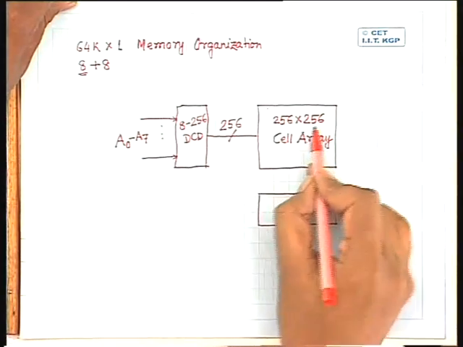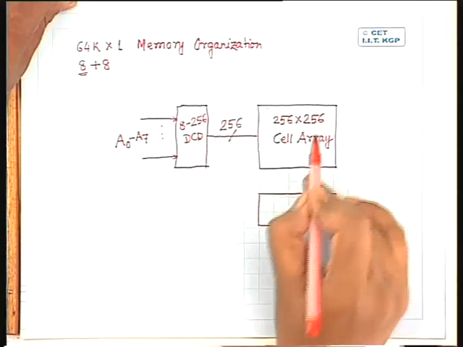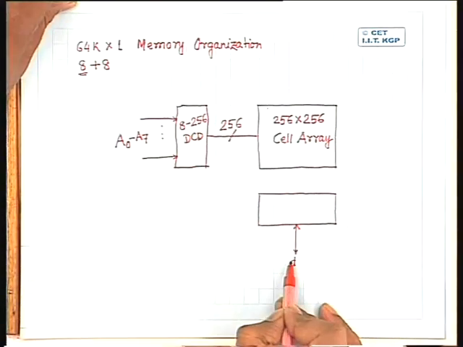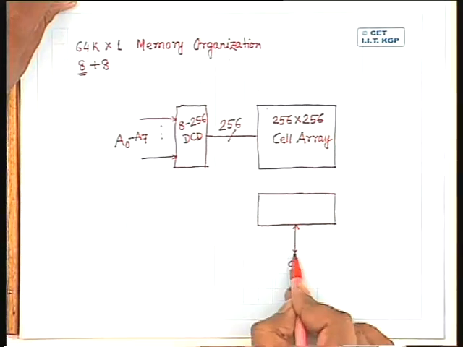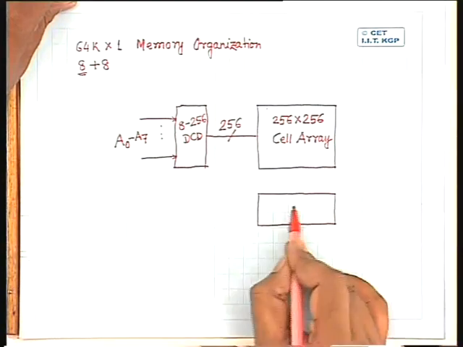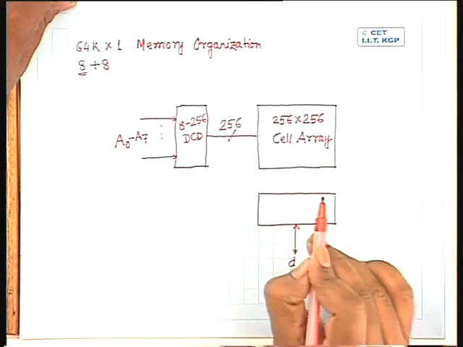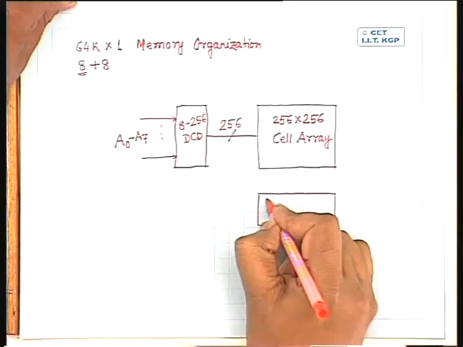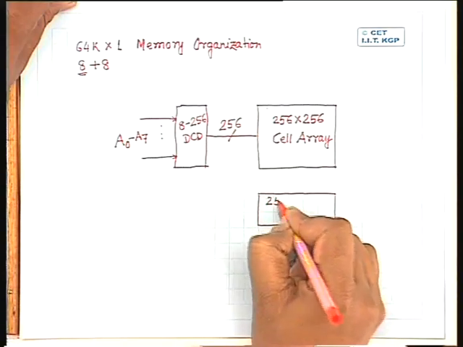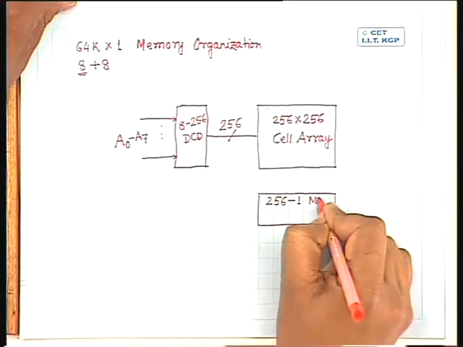So for reading operation, out of these 256 cells, the output of one of them will be available on the output data bus. For writing operation, the data which is fed to this data line has to reach one out of these 256 cells. So, for reading operation, I need a 256 to 1 multiplexer.